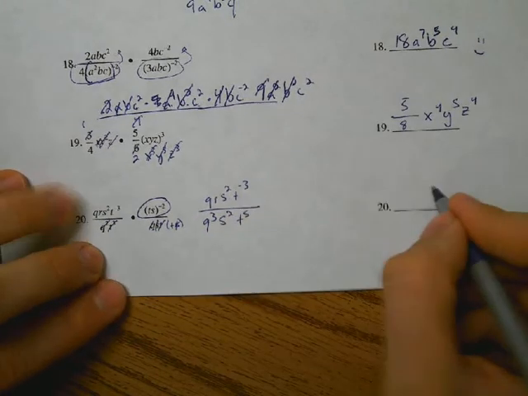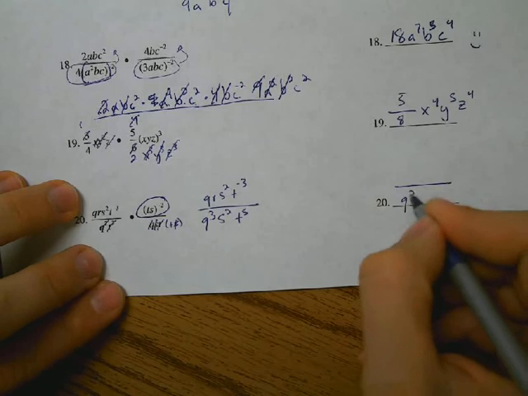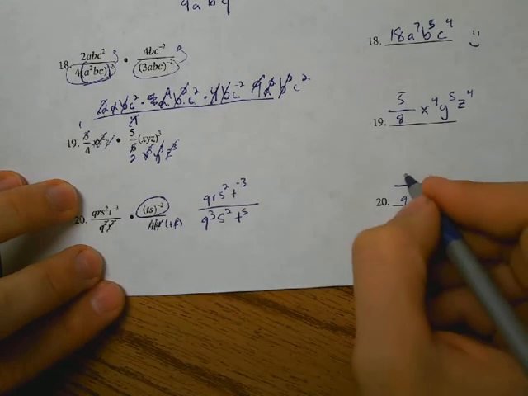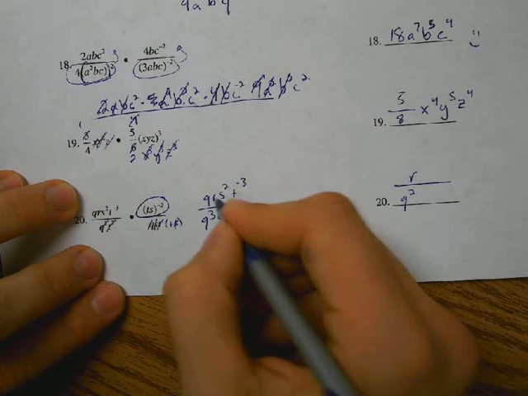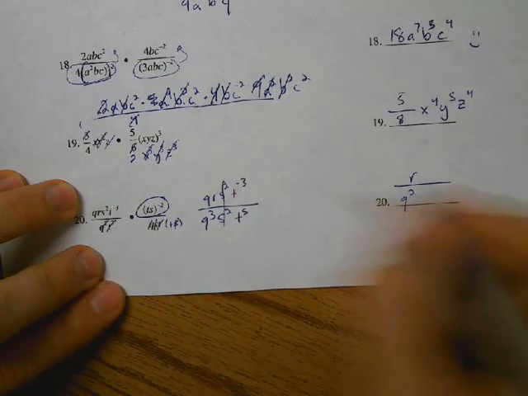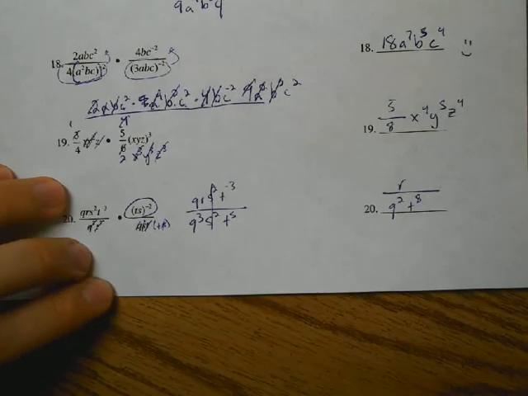So q's first. I've got 2 more q's on the bottom, so they'll stay down there. R's, only r I have is up top. It'll stay. S's will cancel, and I have 8 more t's on the bottom. And that will clear it out. A little aggressive, but lots of fun. All done with our algebra.